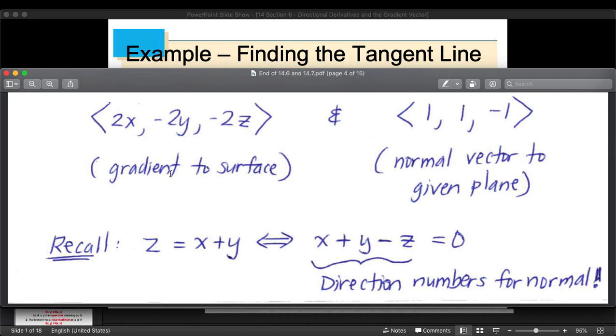So that's where I got those from. Again, I'm sure everyone knew where I got this normal vector from, the 2x, negative 2y, negative 2z. But maybe you were a little rusty or not quite sure where I got the 1, 1, negative 1 from. That was from the given plane right here.